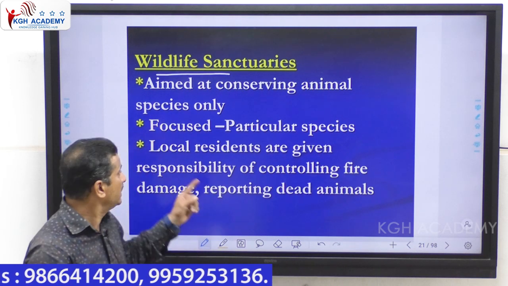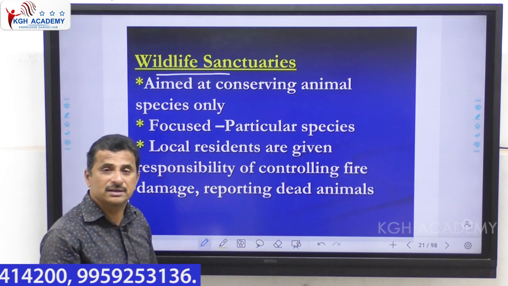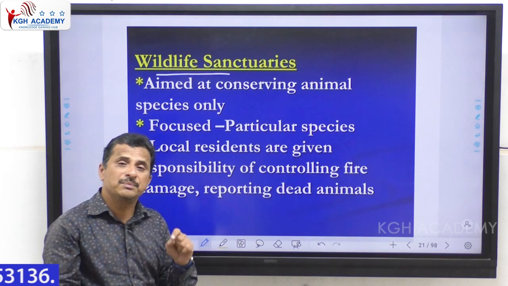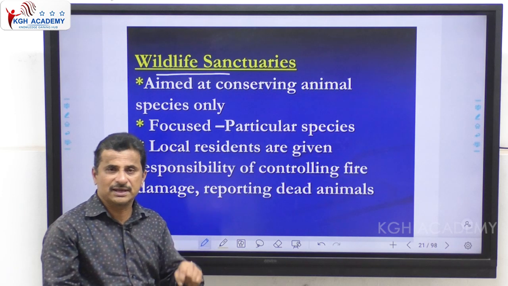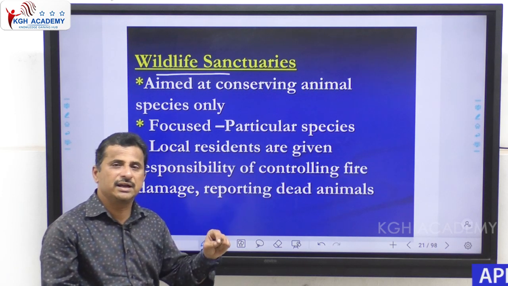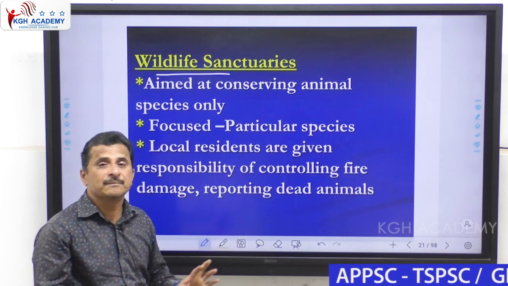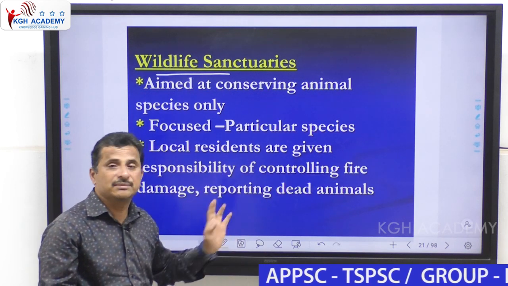Okay, forestry etc. is not permitted in national parks as well as wildlife sanctuaries. But local people, tribals or local people, can enter the wildlife sanctuary to control fire and report about dead animals.